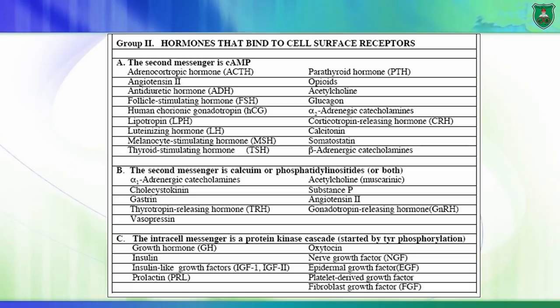So this is a long list, and they can be categorized further into the secondary messengers that they use, whether we're talking about cyclic AMP, cyclic GMP, phosphatidylinositol, or calcium, or other mechanisms. You do not have to memorize this list. This is just for you to read, and we'll focus on certain ones, and the ones that we talk about are the ones that you need to know.